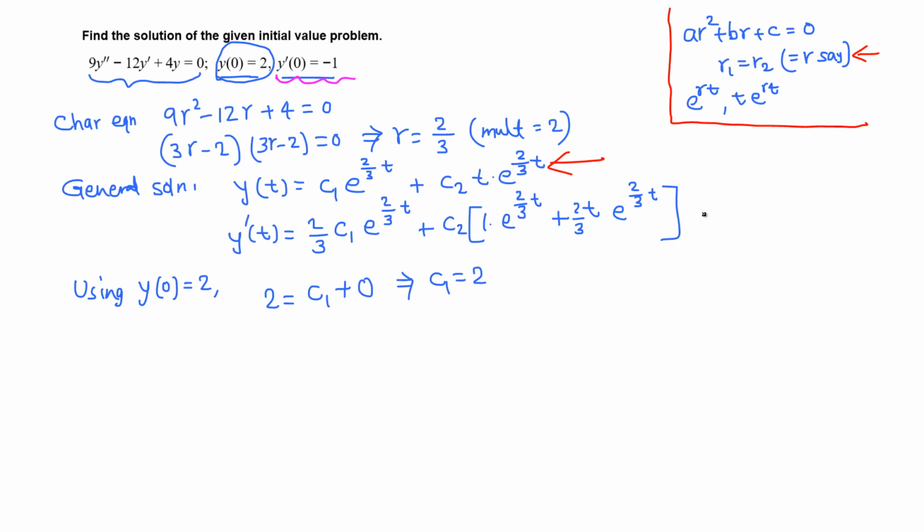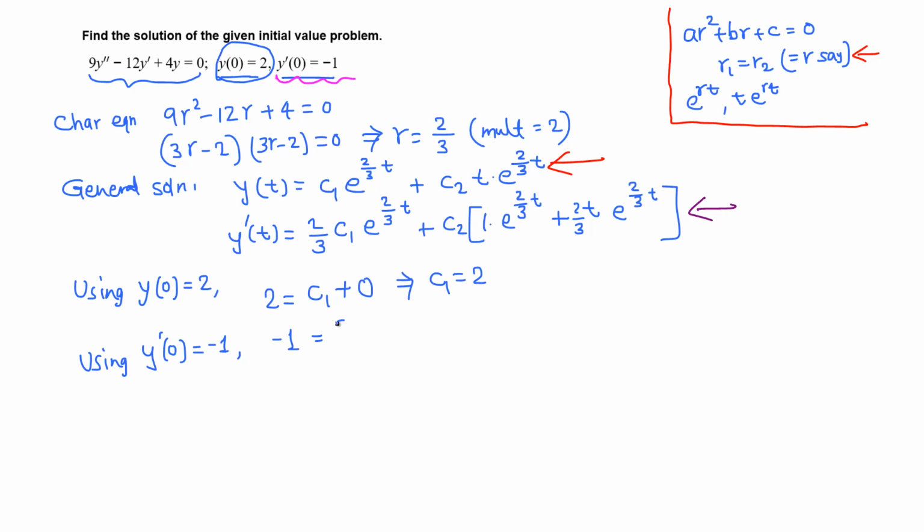Okay, let's use the second initial condition here. y prime at 0 equals -1. So y prime is -1 when t is 0. So 2/3 C1 e raised to 0, which is 1.